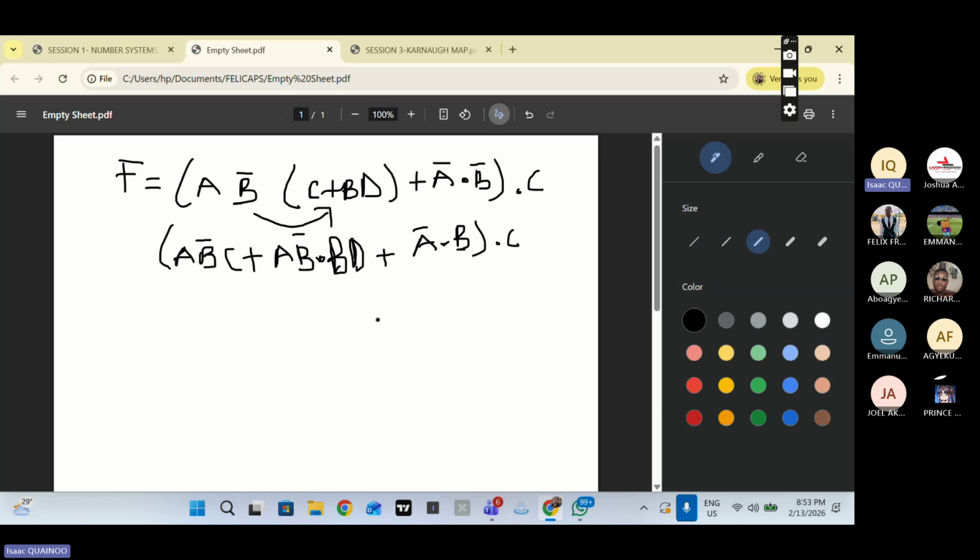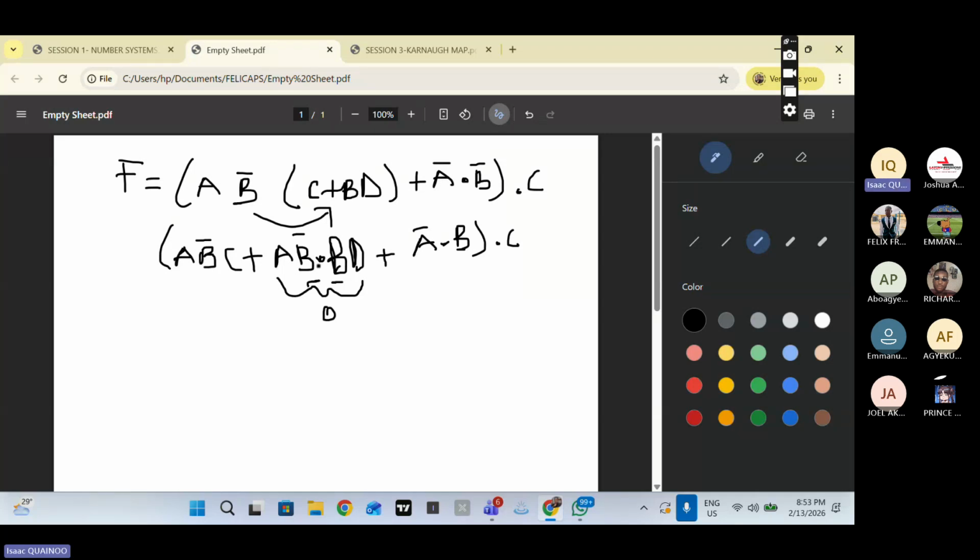But if we remember our laws, we said that B prime times B is 0, right? So we can say here that B prime times B is 0. So automatically, that reduces this entire term to 0. Please, do you all agree with that? Because B not times B gives us 0. So after that, we are using the AND gate here.